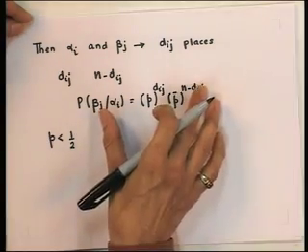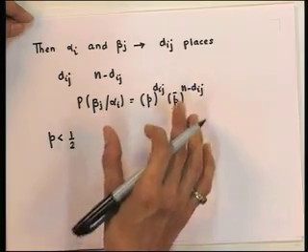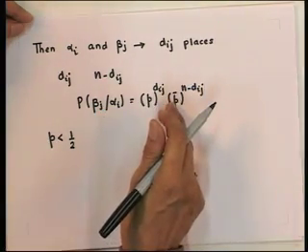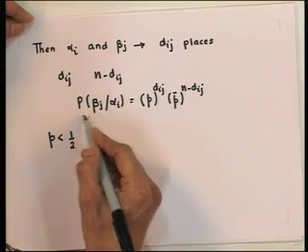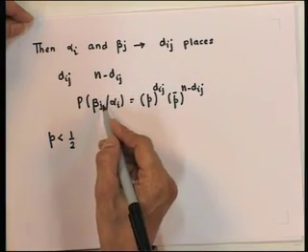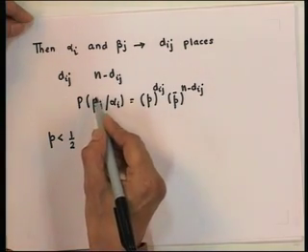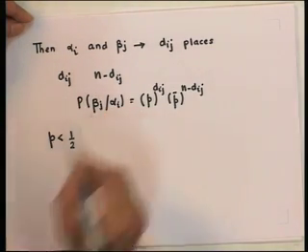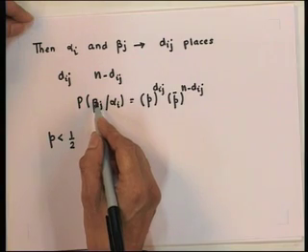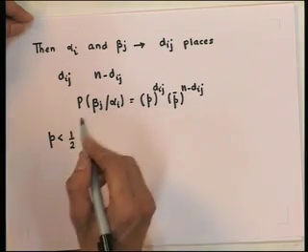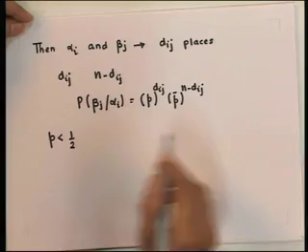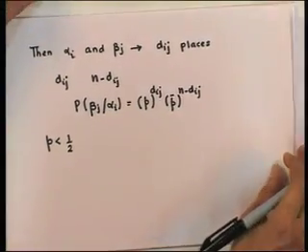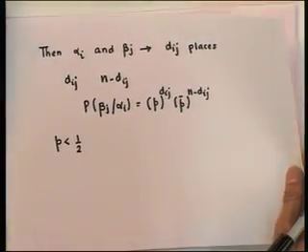The maximum likelihood decision rule selects that code word which maximizes probability of beta j given alpha i. Hence, for any received sequence beta j, the maximum likelihood rule selects the code word closest to beta j in the Hamming distance sense. Now, this maximum likelihood decision rule can be summarized in the figure shown here.